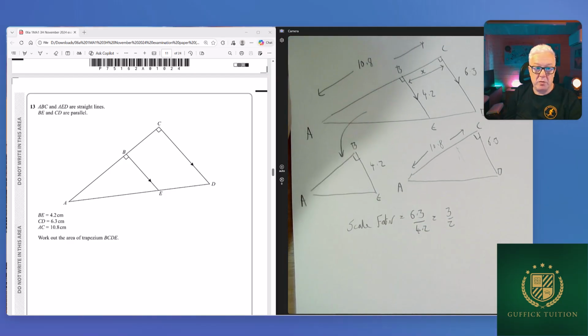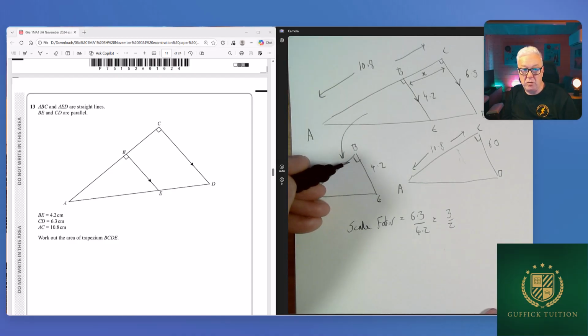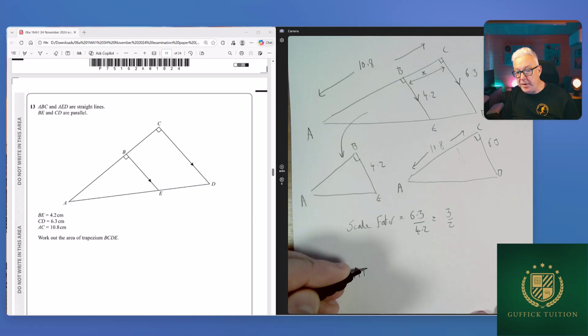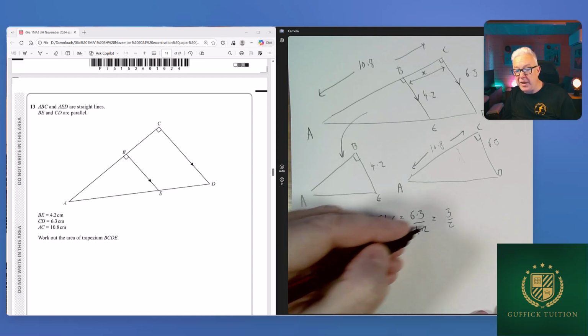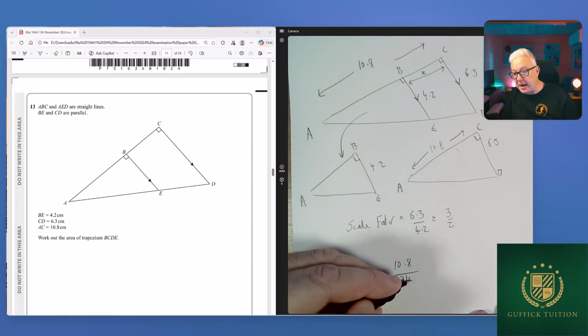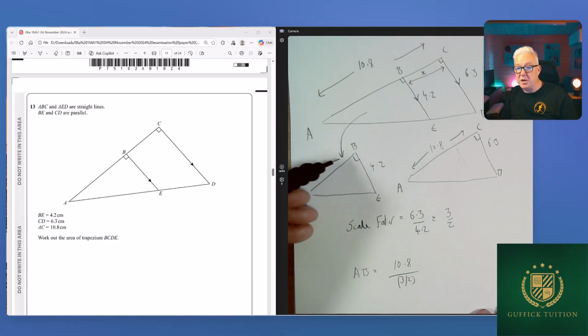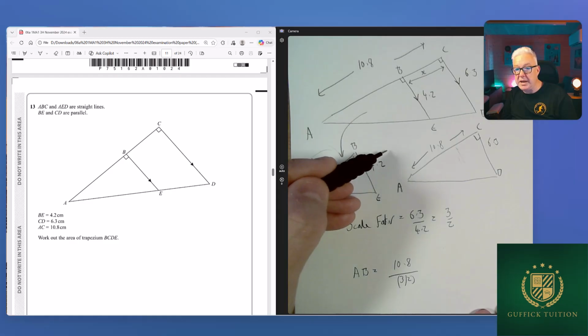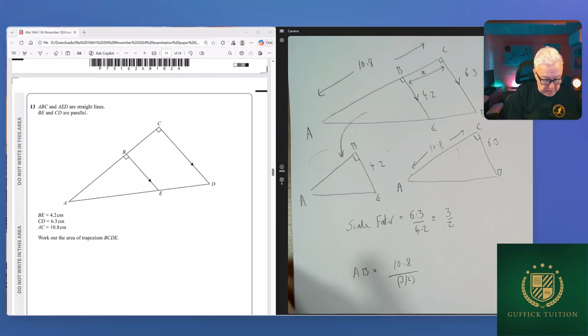That means we can work out what the length AB is. AB is going to be the length AC, which is 10.8, divided by the scale factor of enlargement, because you would have that length times 3/2 equals that length. So we're going to do 10.8 divided by 3/2, which is 1.5, and that gives us 7.2.